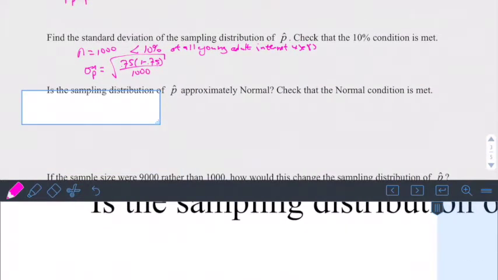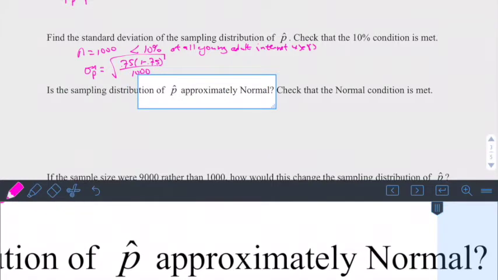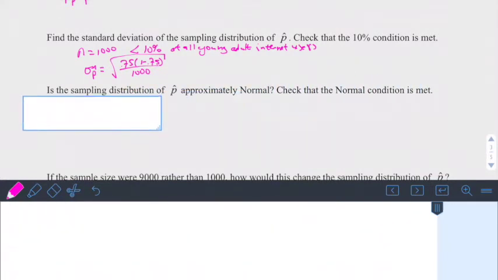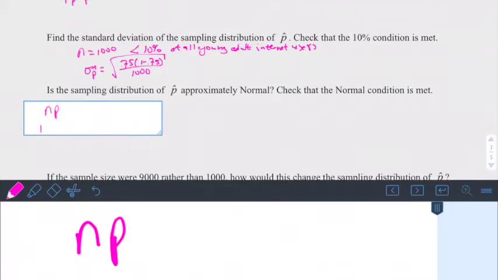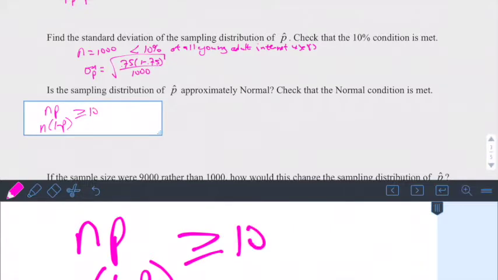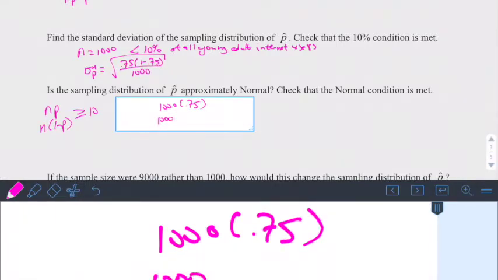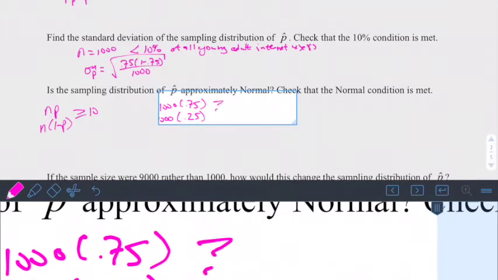Is the sampling distribution of p hat approximately normal? So we need to check that this normal condition is met. So remember, np and n times 1 minus p are both greater than or equal to 10. Well, 1,000 times 0.75 and 1,000 times 0.25 are both greater than or equal to 10.